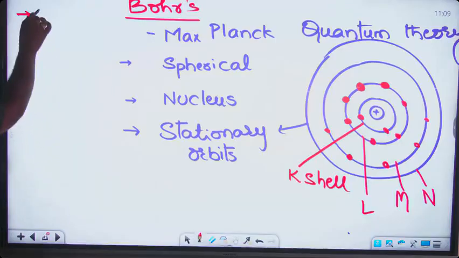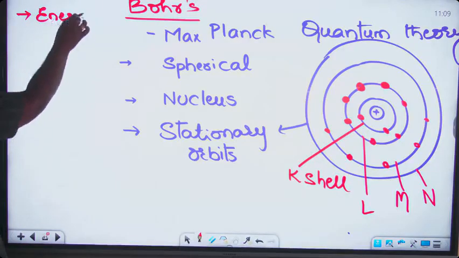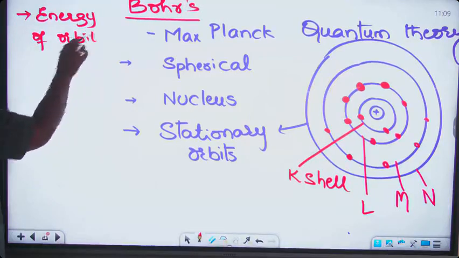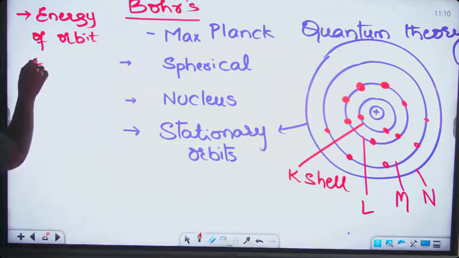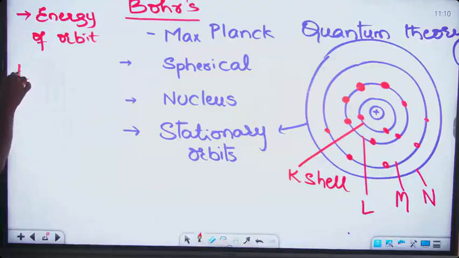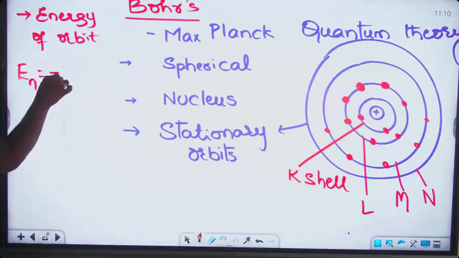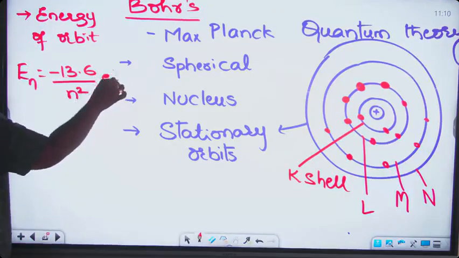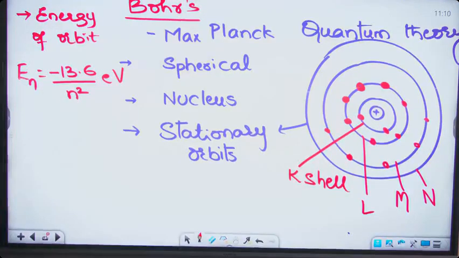Then the energy of an orbit is given by En equal to minus 13.6 by n square electron volts.